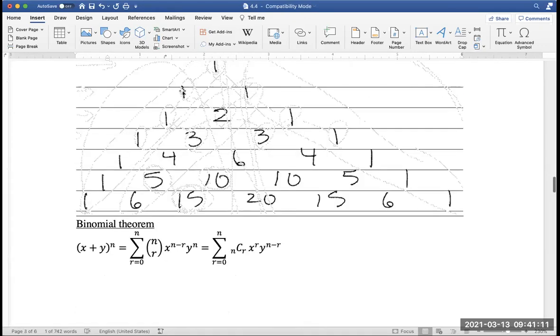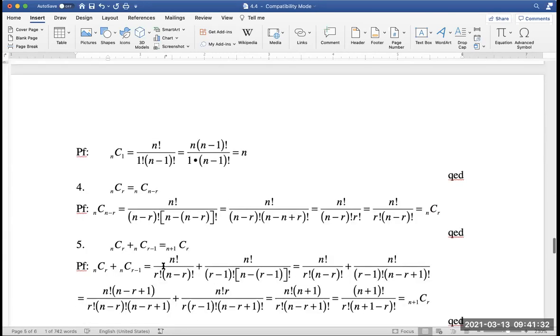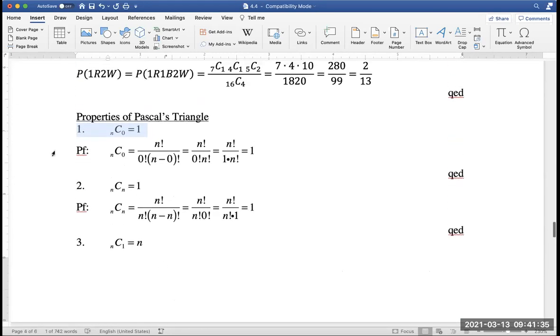Meaning all these guys here, all these first elements, all the leftmost entries in Pascal's triangle for every row is equal to 1.